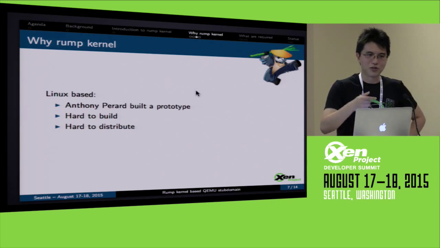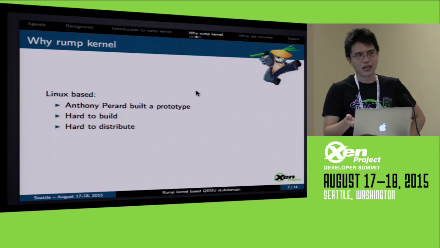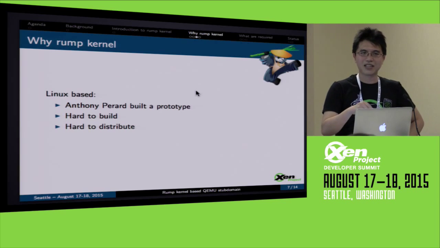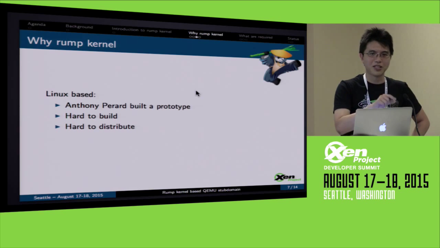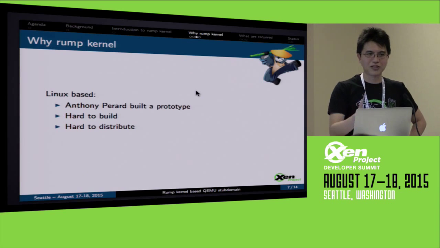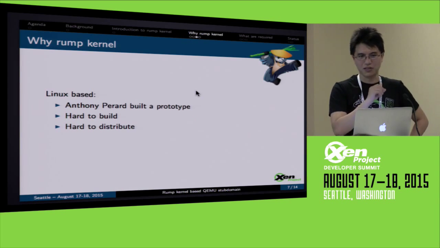For example, the original patch set used a tool called Dracut. I think it's only available on Fedora or something. Maybe there's a package on Debian as well, but Debian definitely doesn't use that to bootstrap or debootstrap a system.